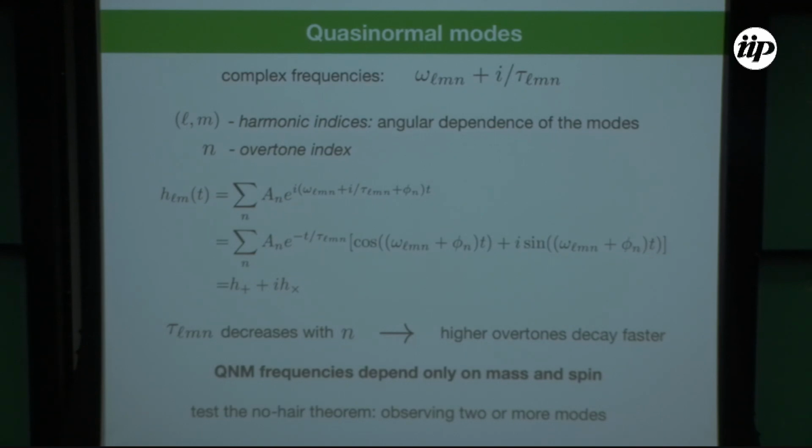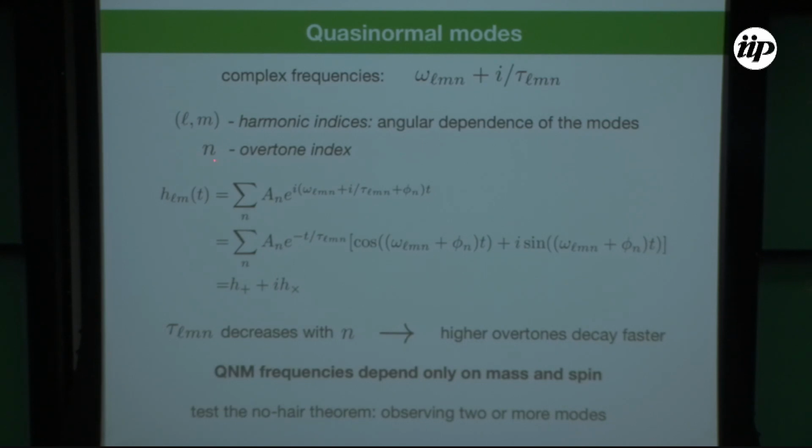The L, M numbers are harmonic indices, and they depend on the angular properties of the black hole. So if it's a Schwarzschild black hole, these harmonic indices will be the indices of spherical harmonics, and if it's a Kerr black hole, these harmonic indices will be the indices of spheroidal harmonics.